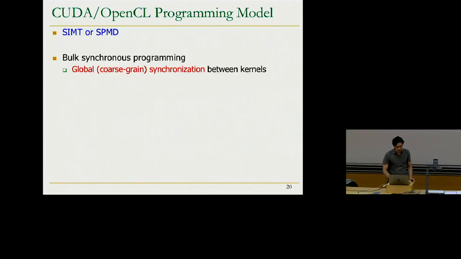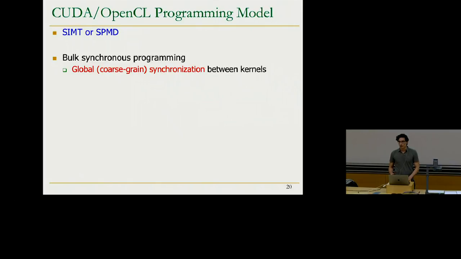So let's start with this SPMD or SIMT programming model that is the programming model for NVIDIA GPUs, but not only NVIDIA GPUs, also AMD GPUs. In NVIDIA, we typically use the CUDA programming language, but there is a more cross-platform programming language that is OpenCL.